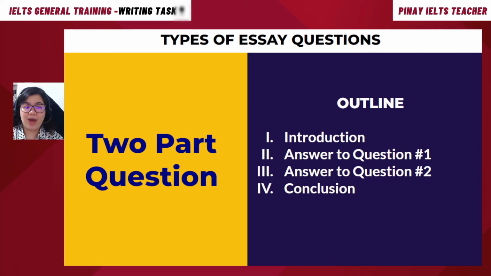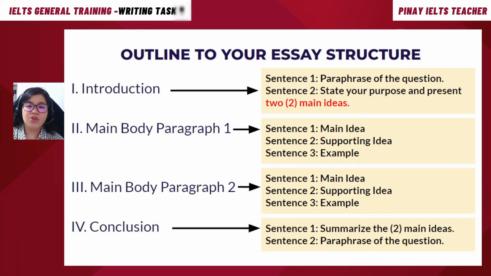All right. So I hope that clarifies the importance of knowing your essay structure outline, because it gives you a strong foundation, so that no matter what type of essay is given to you, you can organize your ideas and compartmentalize them into main body paragraph 1 and 2.